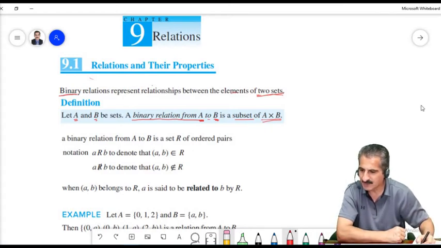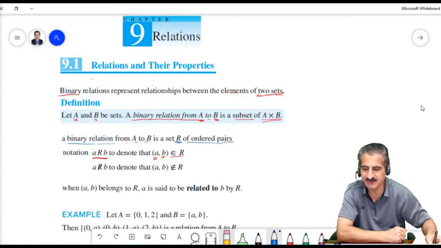We will write a R b, which means a relates to b. Here, maybe I will say a binary relation from A to B is a set R of ordered pairs.